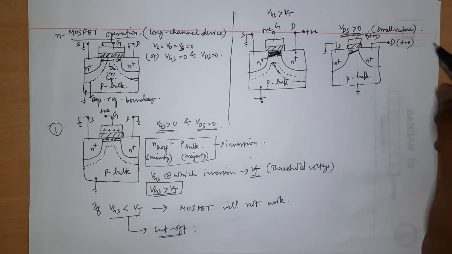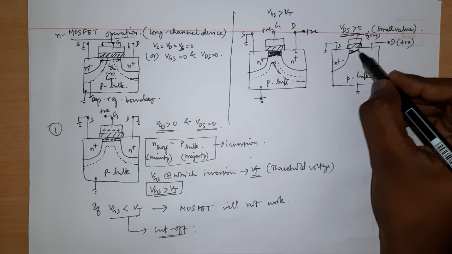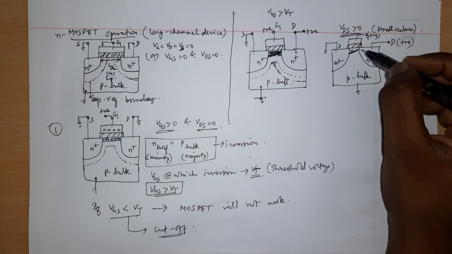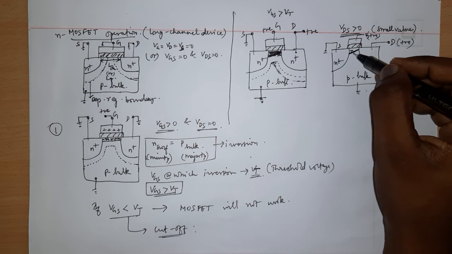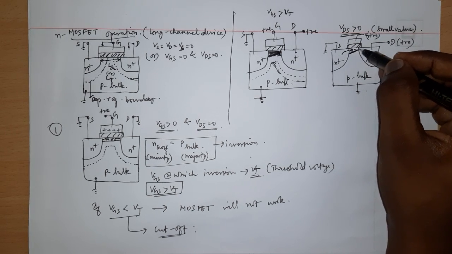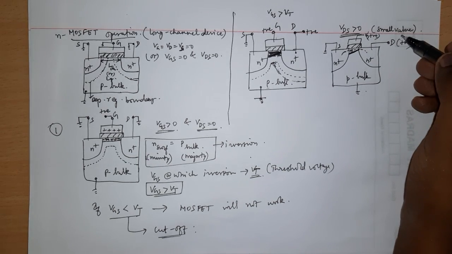Okay, so what does it mean if suppose you don't have a flat surface and you have a variation like this? First of all, we know that carriers will start from here, and we'll have to transfer them to the drain, and they will be collected at the drain, right?